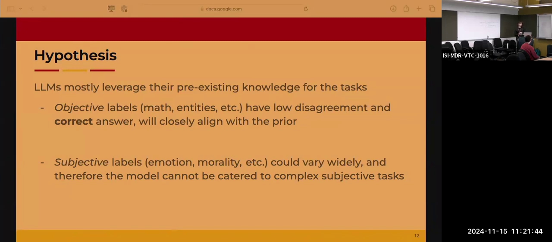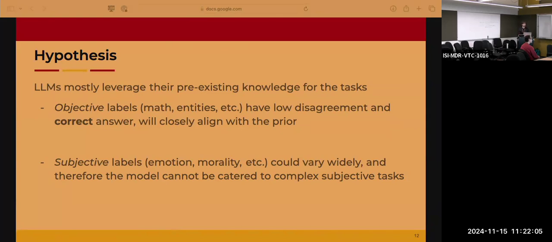Whereas for subjective tasks and subjective labels, like the ones we're dealing with, the annotations could actually vary widely depending on the annotation manual, depending on the subjectivity of a specific person. And therefore, we've hypothesized that the model would not be able to be catered to complex subjective tasks if they don't align a priori with the model.